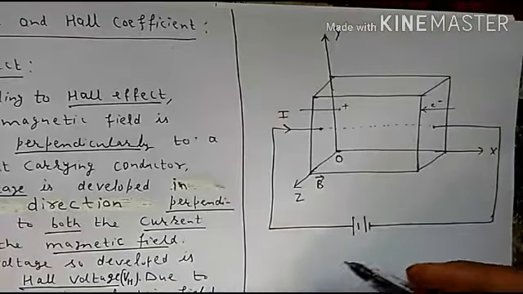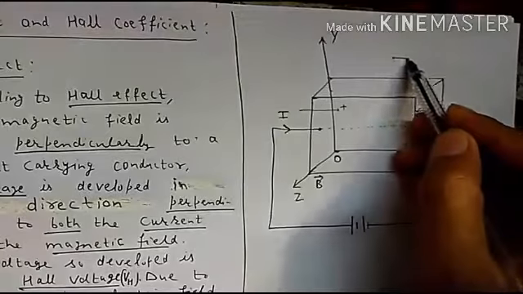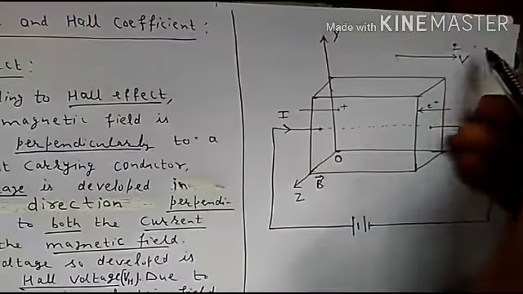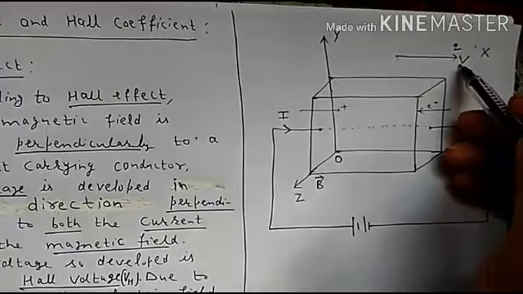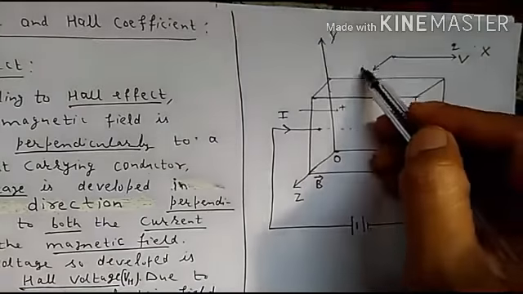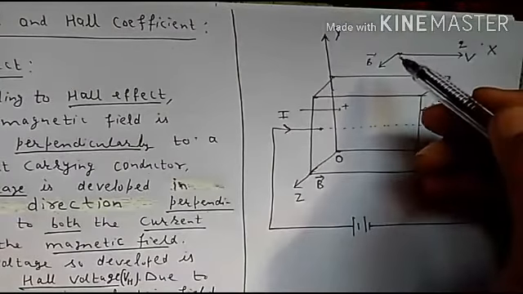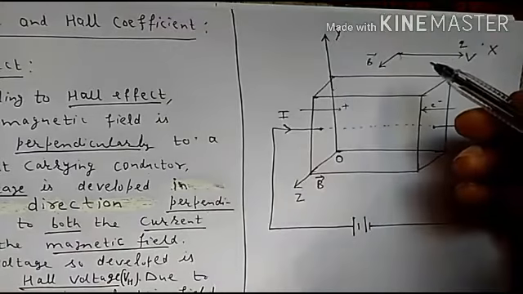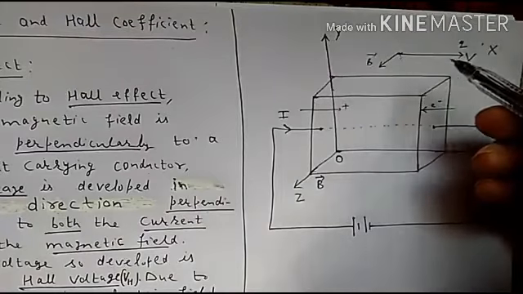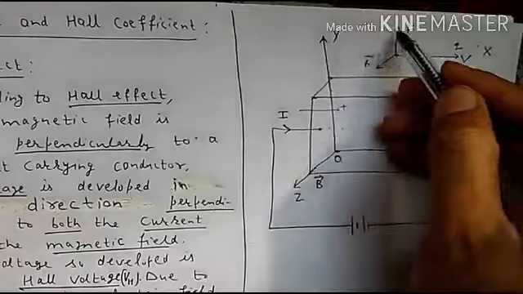We know that according to Fleming's left hand rule, if charge is moving along x-axis with velocity v and magnetic field is along z-axis, then according to Fleming's left hand rule, charge will experience a force perpendicular to both the magnetic field and its motion, that is along y-axis.